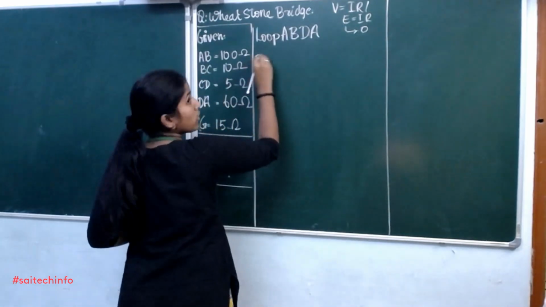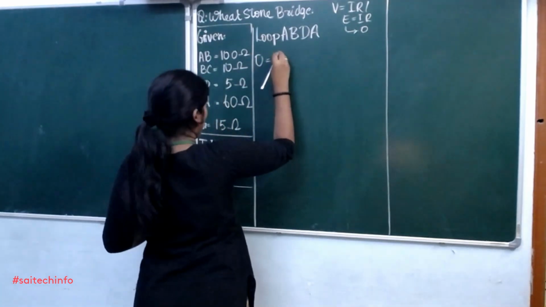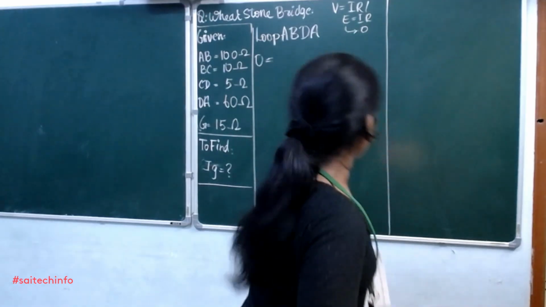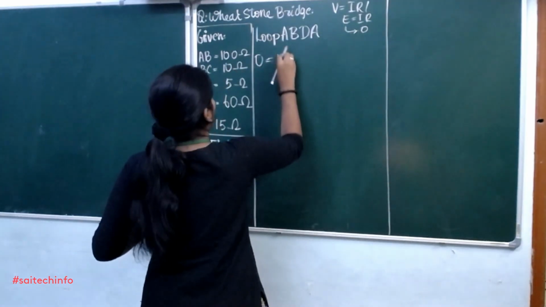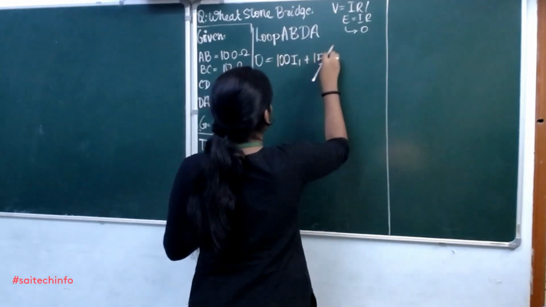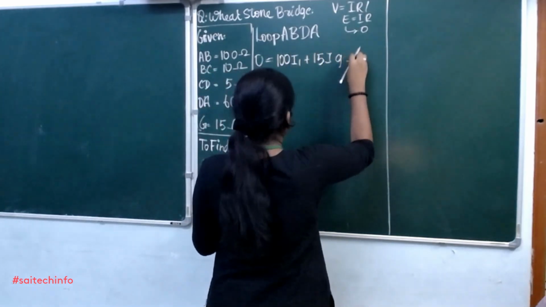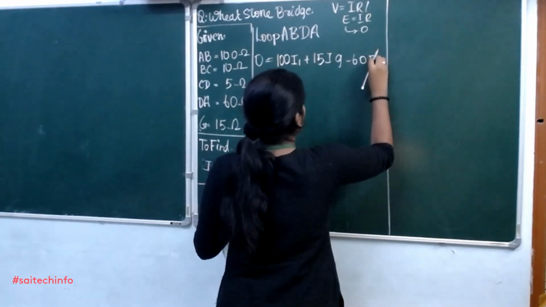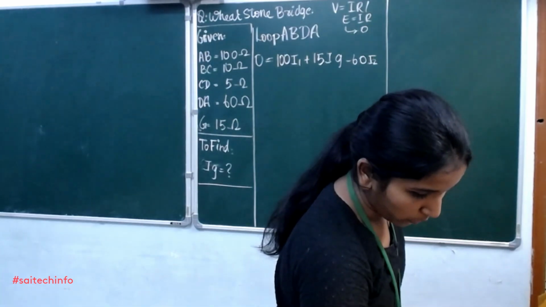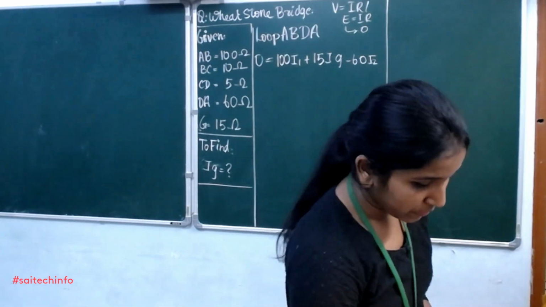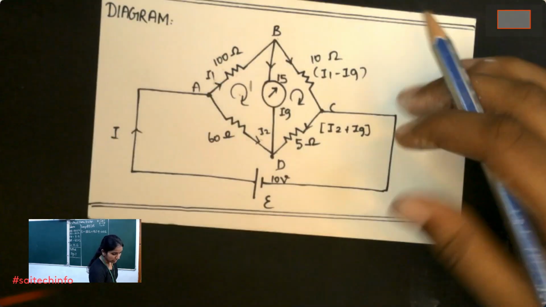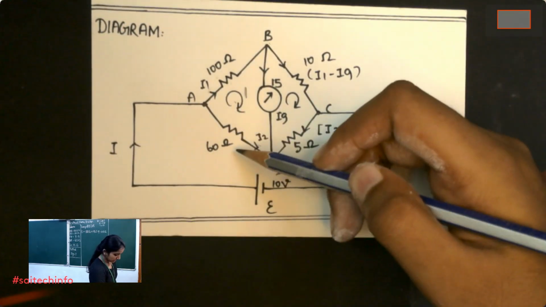So 0 is equal to 100 I1 plus 15 IG minus 60 I2. That is, from A to B is 100 I1 and B to D is 15 IG, and from D to A it is in the opposite direction, that is minus 60 I2.